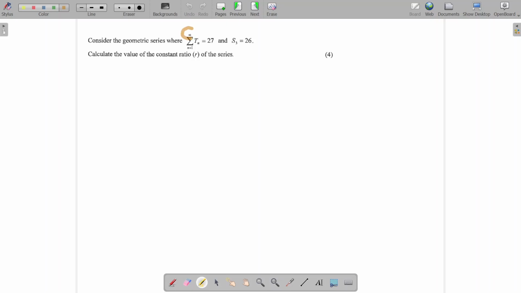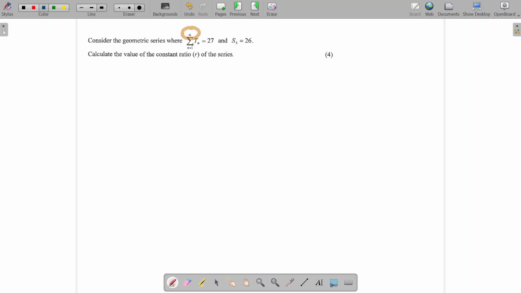I do know we're running out of time quickly, so I quickly want to look at this last one. Again, they've worked backwards. The key problem here, and it's in the detail, is to notice that they've told us that it's a sum to infinity.